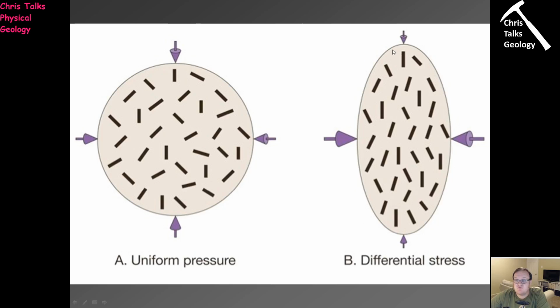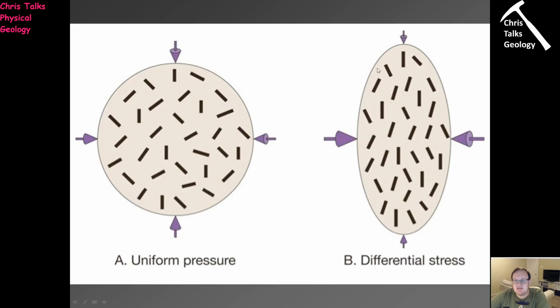Now in this situation on the right here, what you can see is the circle has been exposed to a differential stress. The pressure coming from left and right is greater than the pressure coming from the bottom and top. And so our circle has been deformed into an ellipse. But the result of this process is that all of these randomly orientated black crystals have begun to crudely align themselves, haven't they?